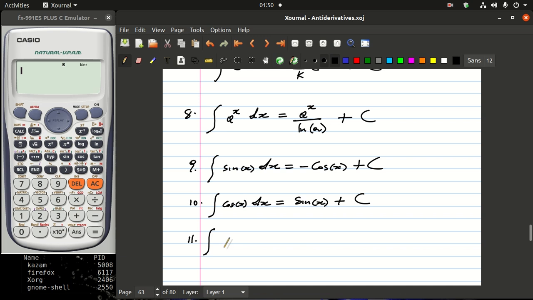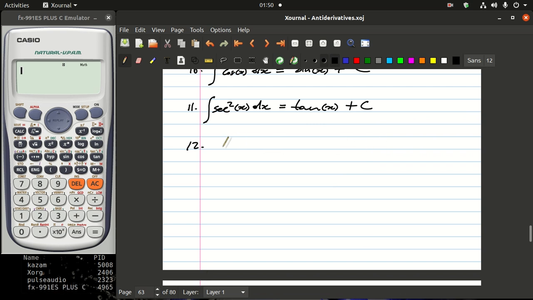And then let's look at number 11. If I want the most general antiderivative of sec squared x with respect to x, I am supposed to get tan of x plus some c. And number 12, almost there: the most general antiderivative of cosecant squared x with respect to x is supposed to be the same as minus cot of x plus the constant of integration.